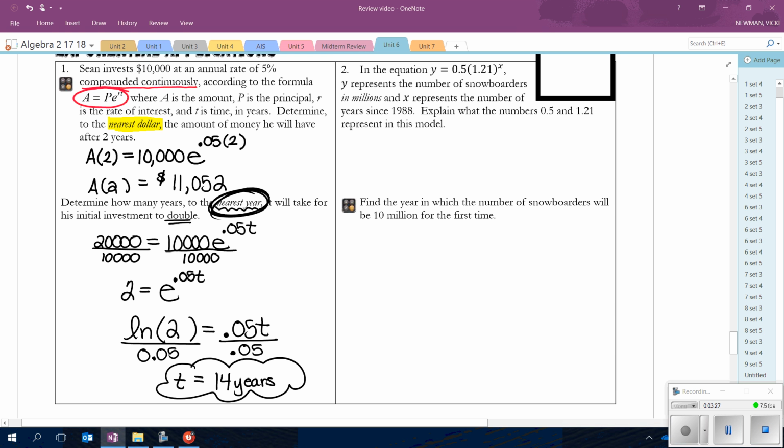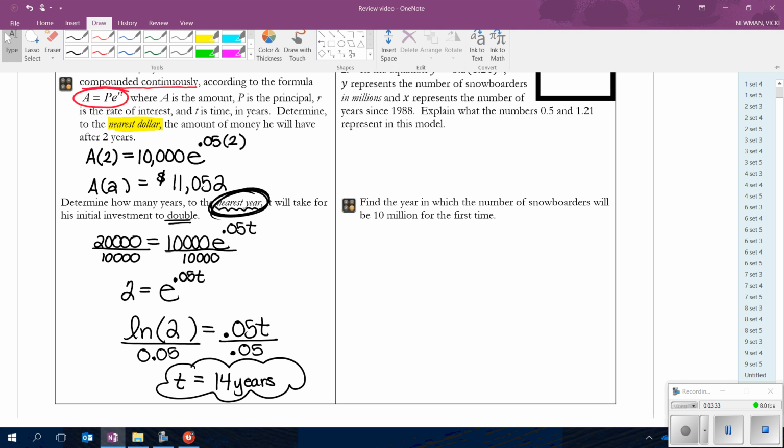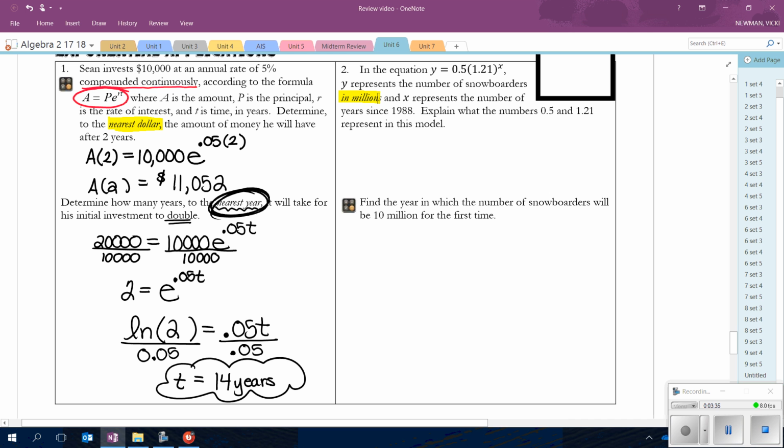Okay, what's the next one? In the equation y equals 0.5 times 1.21 to the x, y represents the number of snowboarders in millions, and x represents the number of years since 1988. Explain what the numbers 0.5 and 1.21 represent.